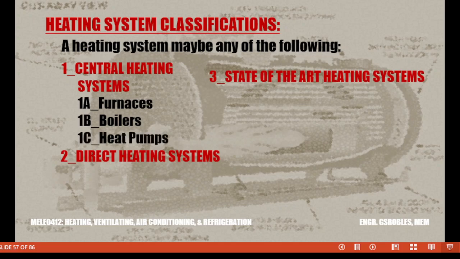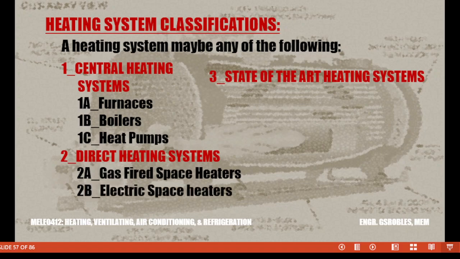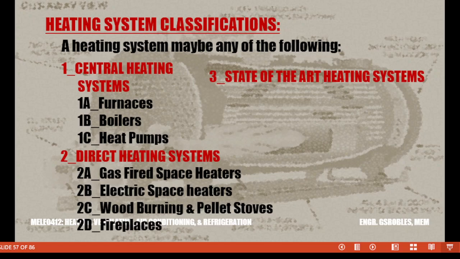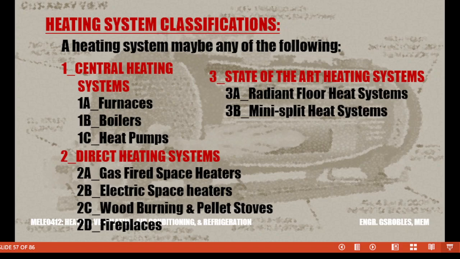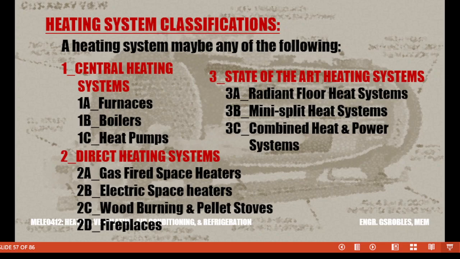On the part of direct heating systems, we have gas-fired space heaters, electric space heaters, wood burning, and then pellet stoves. Then last one, we have fireplaces. Then on the part of the state-of-the-art heating systems, we have radiant floor heat systems, mini split heat systems, and then last one, you have combined heat and then power systems.